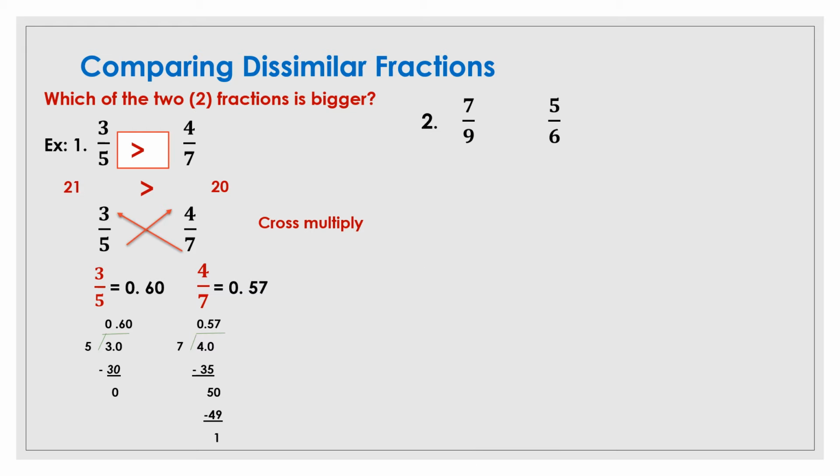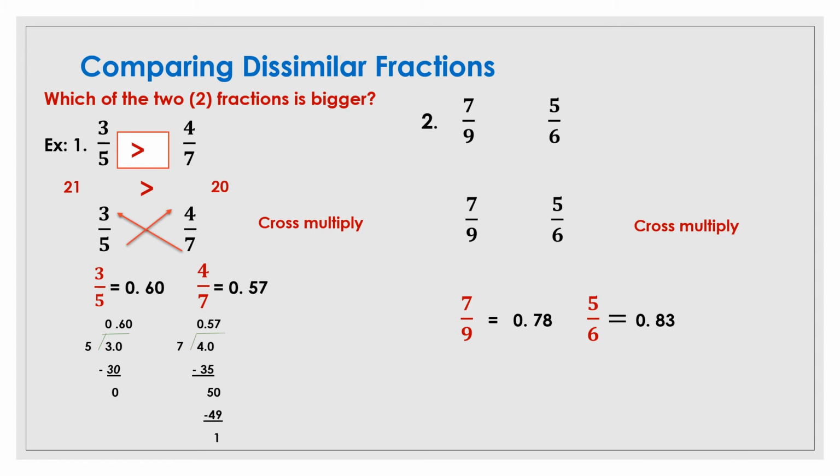Then, number 2, 7 over 9 at saka 5 over 6. So, yung decimal equivalent niya, 7 divided by 9 is 0.78. Ito naman na 5 divided by 6 ay 0.83.